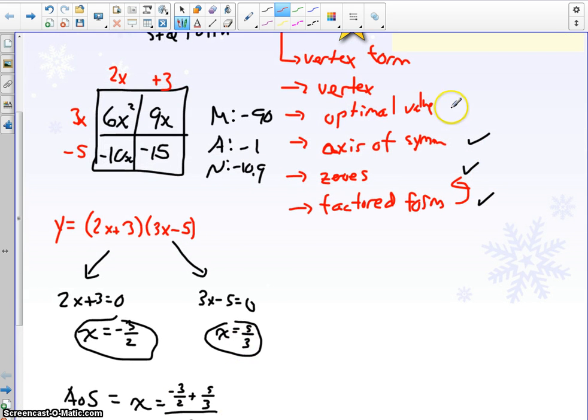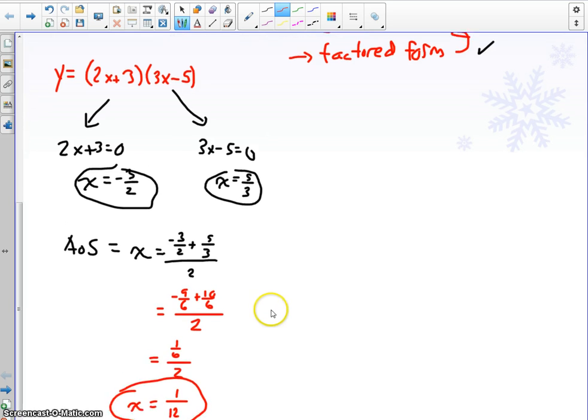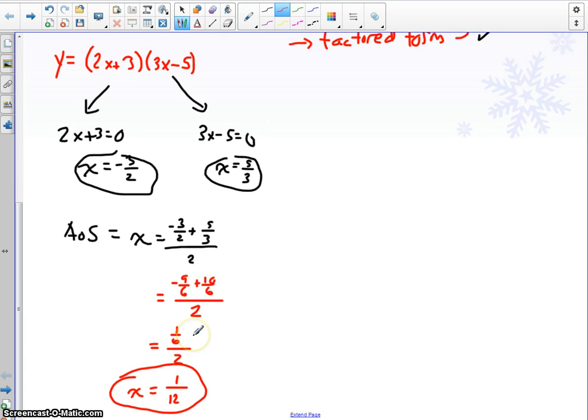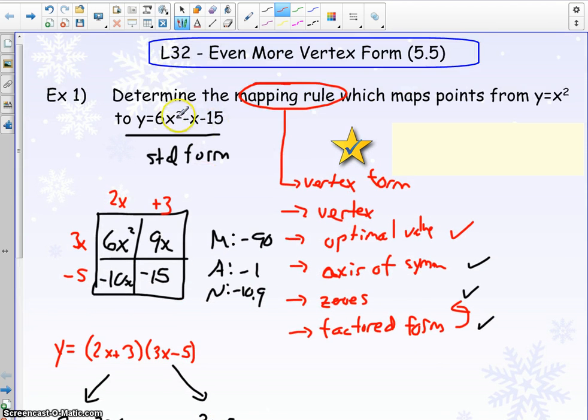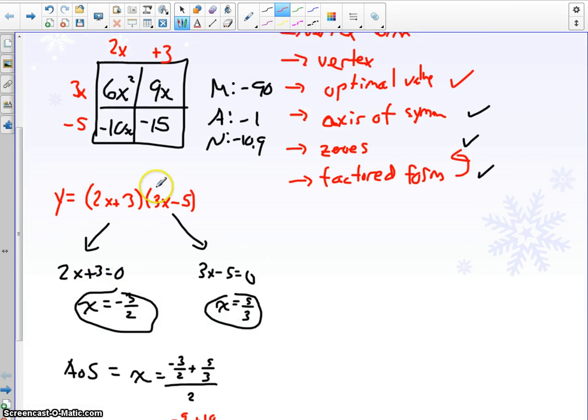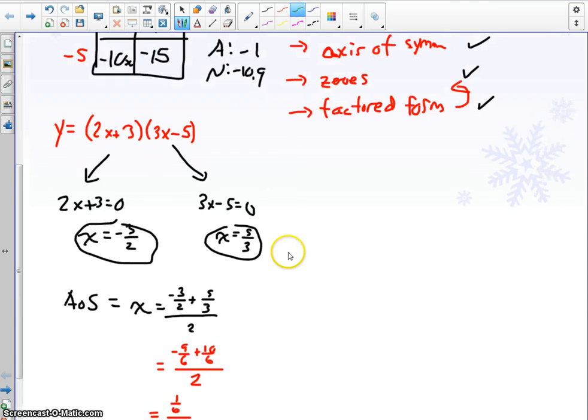So I found the axis of symmetry. Now I need to find the optimal value. This is the y value of the vertex. Going back to a few units ago, we want to find the y value that goes with an x value. We put it into a form of the equation. You can put the x value in standard form, or in factored form. I personally find factored form easier to work with, so I'm going to sub it in there.